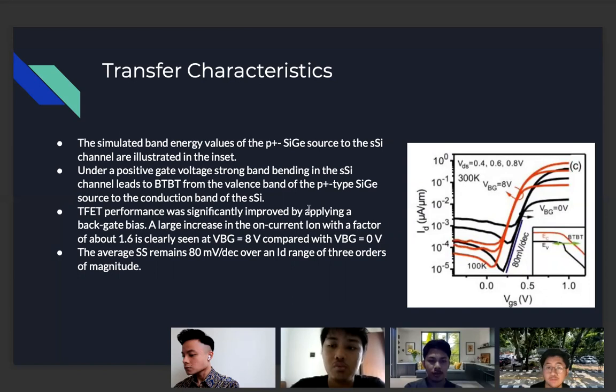And the TFET performance was significantly improved by applying a backgate bias. The backgate bias will be explained later in our presentation. And so the average SS remains at 80 millivolt per decade over an ID range of 3 orders of magnitude.